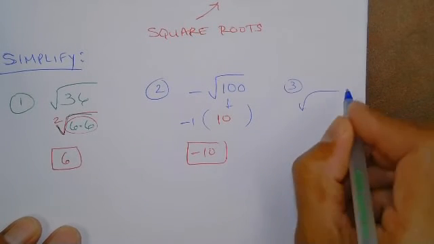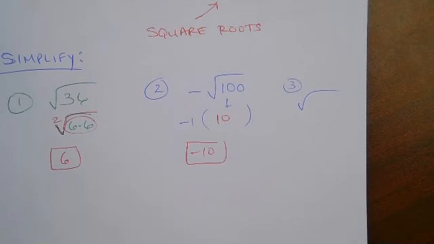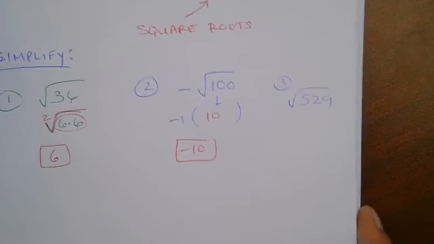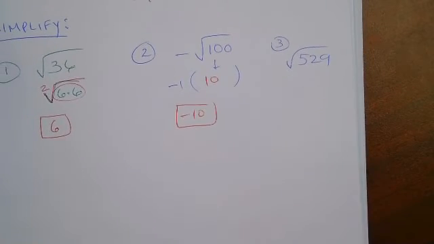And then 3. What is the square root of 529? Anybody know that one?